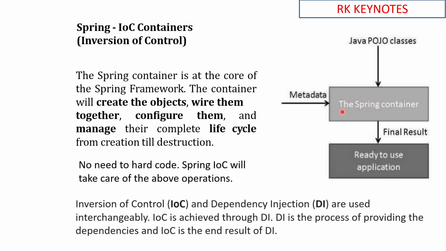And again, there are two possible injections available in dependency injection, which means using constructor and using setter. So those are the two possibilities of dependency injection. And the two possibilities for containers are bean factory and application context, which we are going to explore in detail in the upcoming slides.